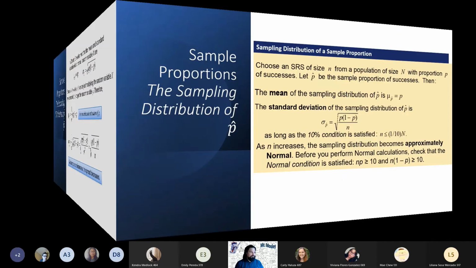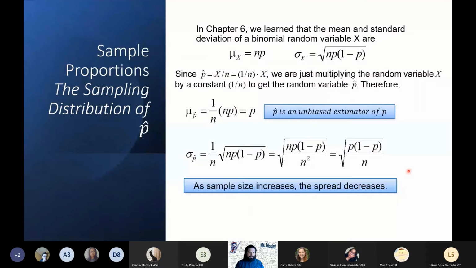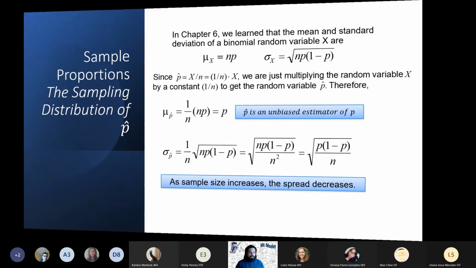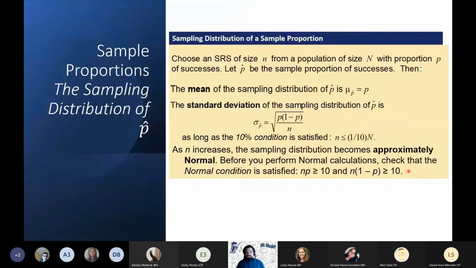And lastly, as the sample size increases, the spread decreases. This is the result from section 7.1. We know this. Bigger samples, less variation. So ultimately, we get this. This is something you want to have in your notes. The sampling distribution of a sample proportion.